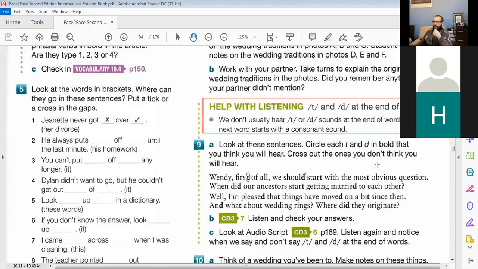So if you have a word that ends with a T or a D, and the next word starts with a consonant, the T and D are kind of light. They're not emphasized. Sometimes they're not very obvious. I think you probably already do it when you speak without noticing it, but here we have a bit of an explanation.